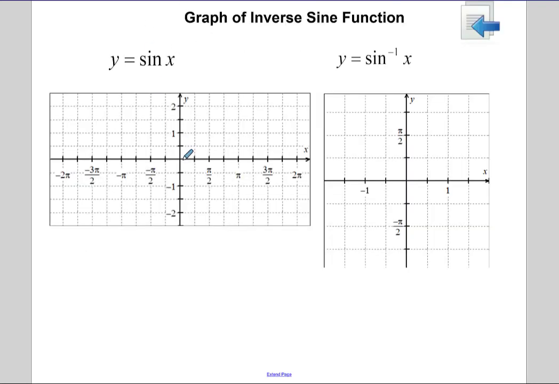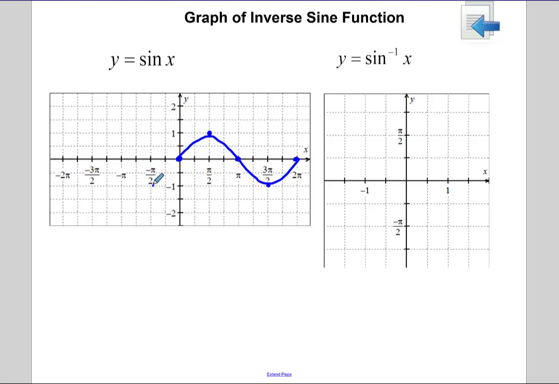The sine curve, we know, has the key points of intercept, max, intercept, min, intercept, and the period is 2 pi. The maximum and the minimum are at 90 degrees and 270 degrees, and that is one original cycle of sine.